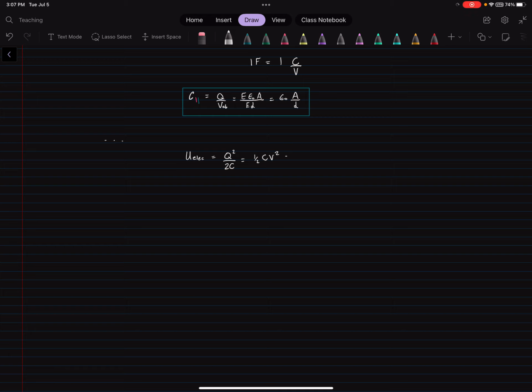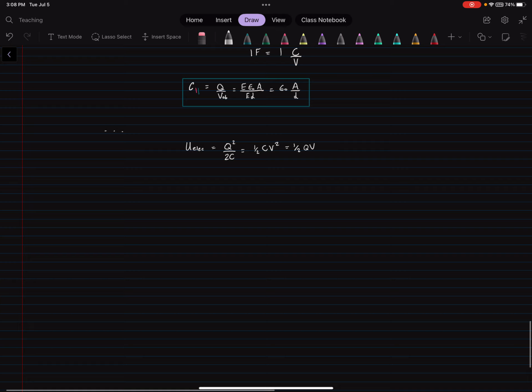You like the look of that one? Or equivalently expressed as 1/2 QV. All right, all these three forms are equivalent. They're all valid, and might be useful depending on what quantities you're given in a particular problem, right? It's typically how it goes.